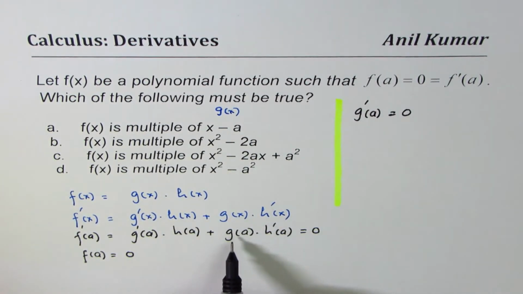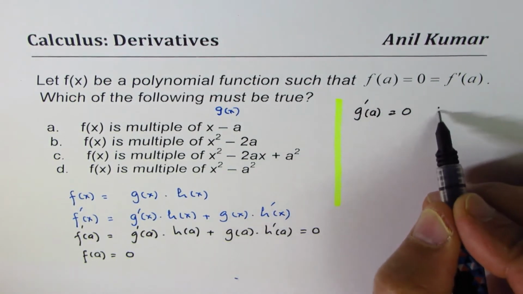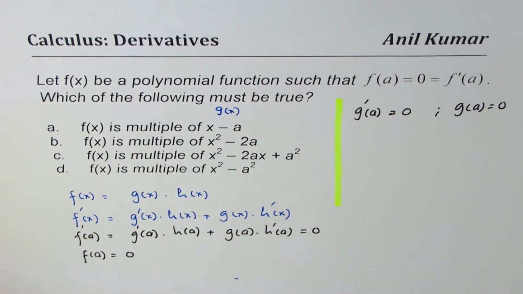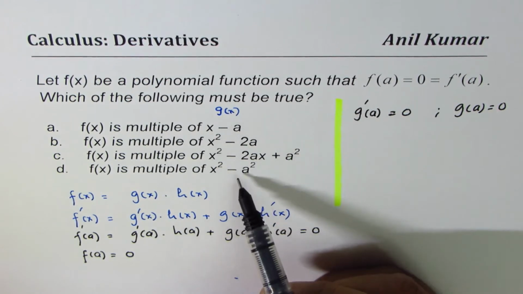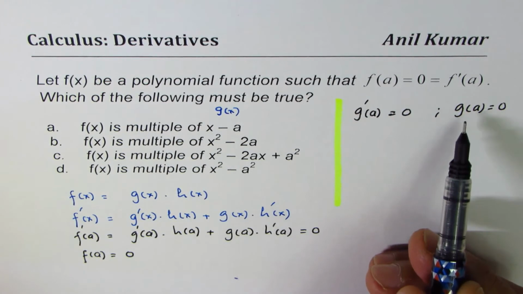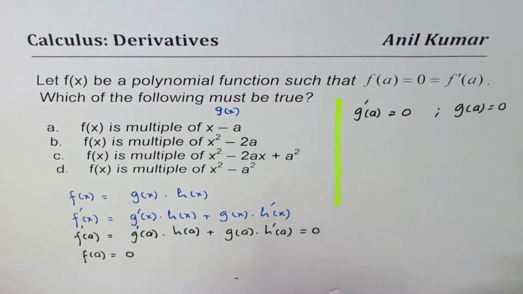And we know g of a is 0. Since f of a is 0, g of a should also be 0. So these are the two conditions, right? So that is to say the derivative of whatever is given to us should be 0 at a, and at a the function should also be 0.